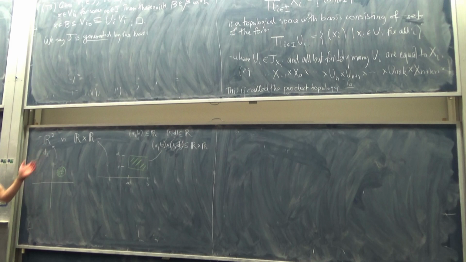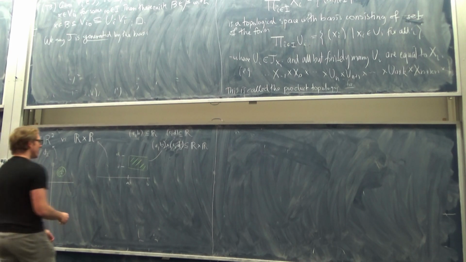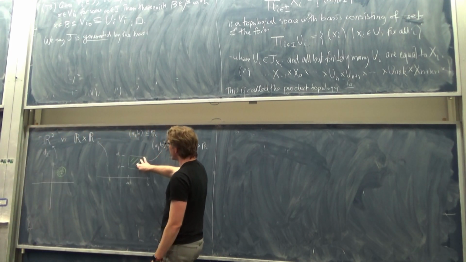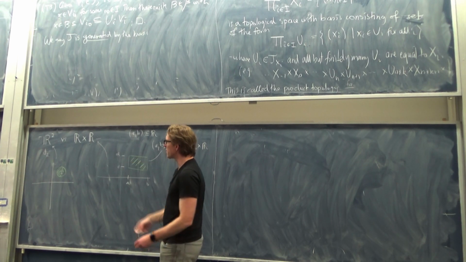Okay, so why do these give rise to the same topology? Right, I can always squish a rectangle inside a circle and squish a circle inside a rectangle, right? So it's intuitively clear that they should be the same. Because, okay, to prove that this set is open in that topology, what do I have to do?